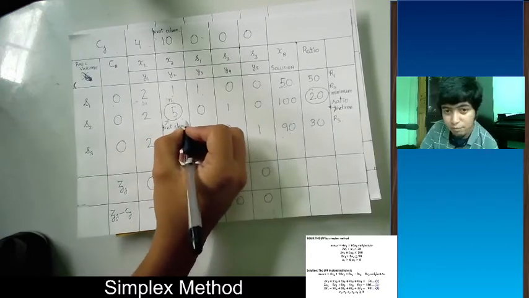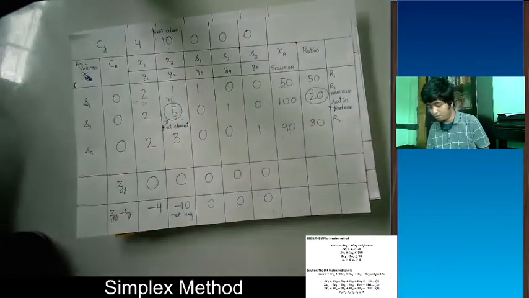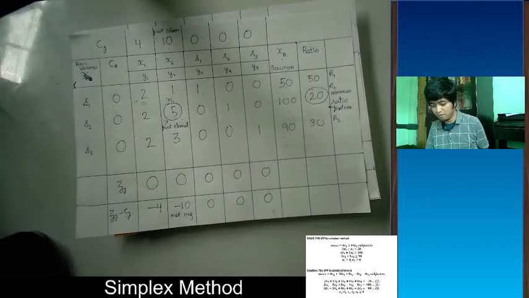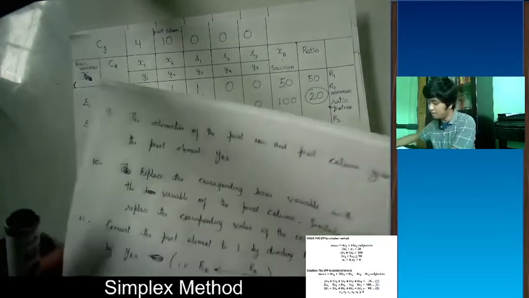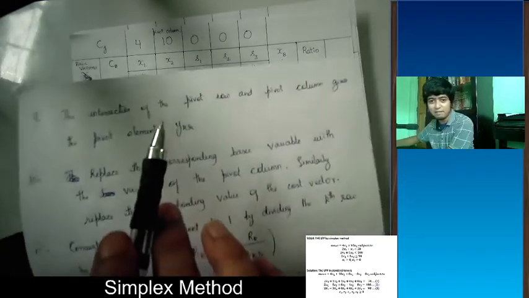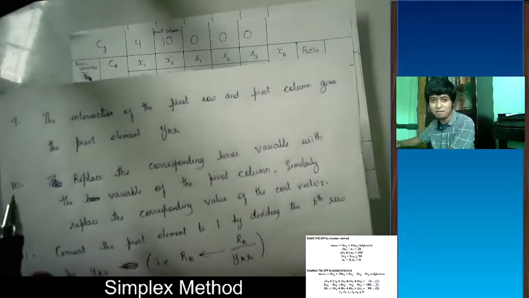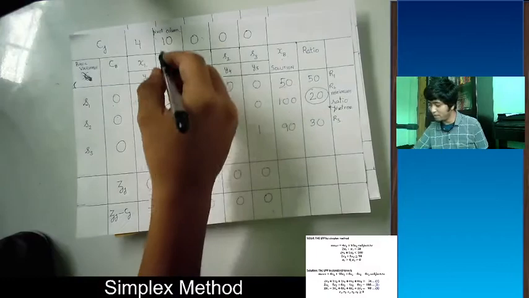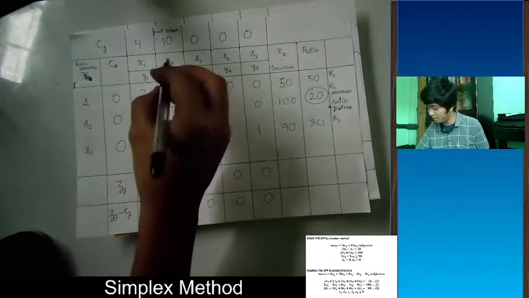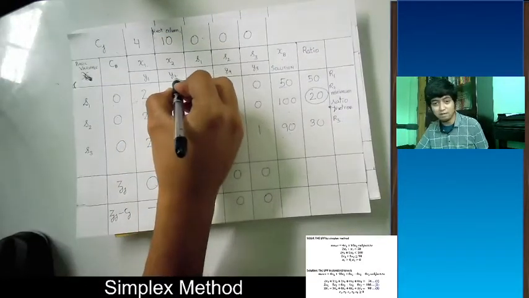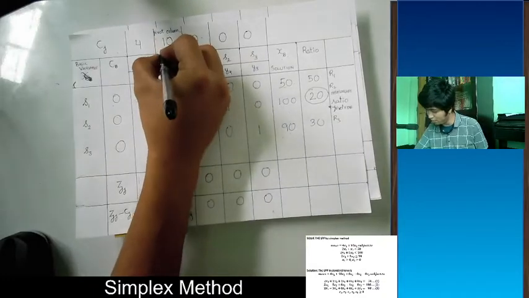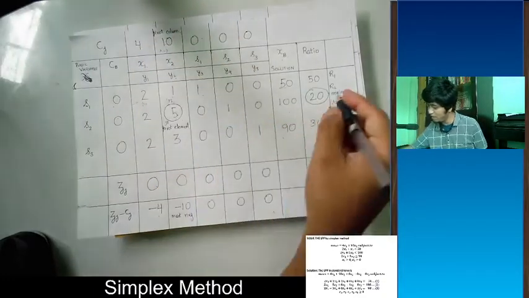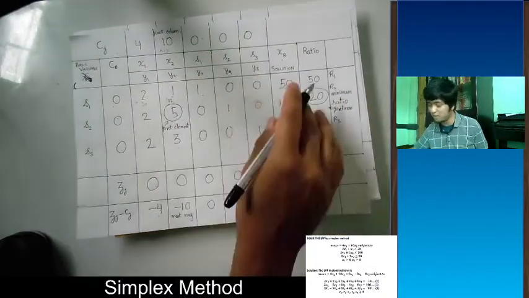Up to which stage are we now in? We are now in stage number 9. The intersection of the pivot row and pivot column gives the pivot element YKR. So over here, what is R? R is the column number, so R is equal to 2. And K is the row number, which is 2.